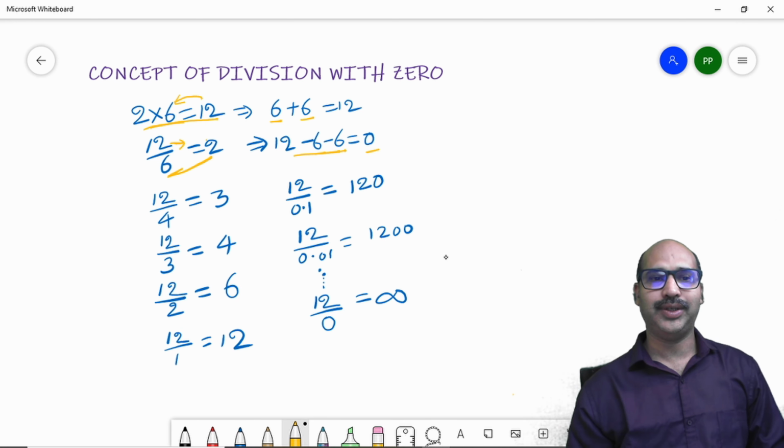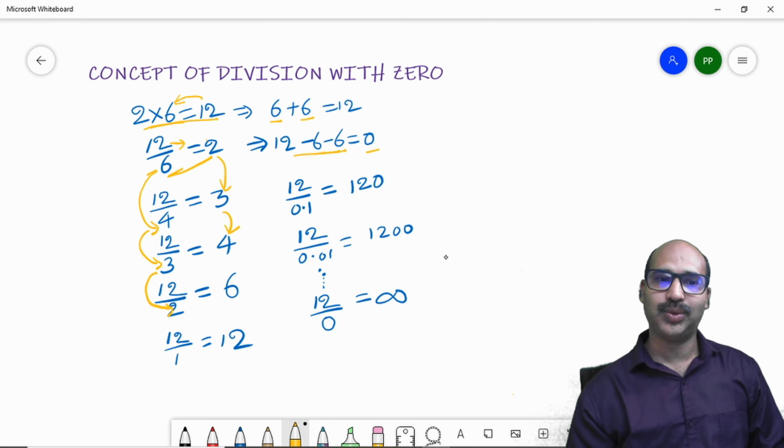Here you can observe that when the denominator is equal to 4, the value is equal to 3. When the denominator decreases to 3, the value increases to 4, because 3 fours are 12. Again, when the denominator decreases to 2, the value increases to 6.